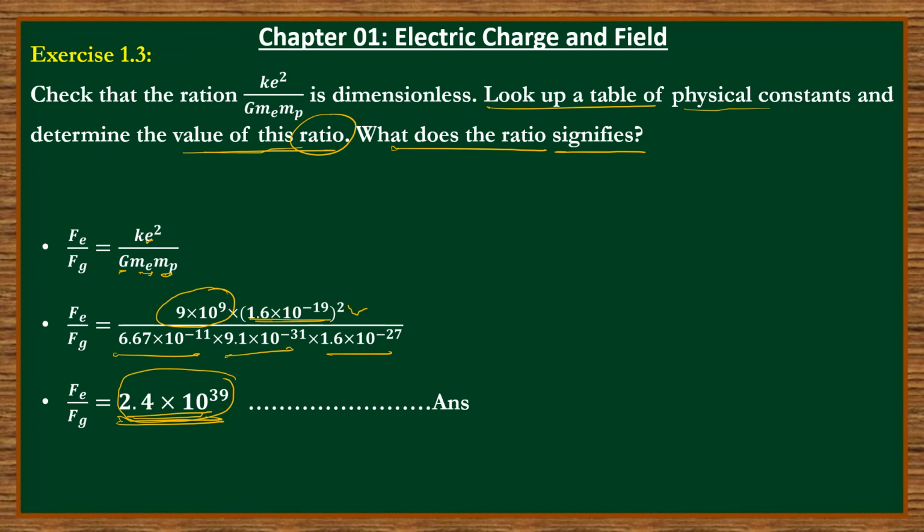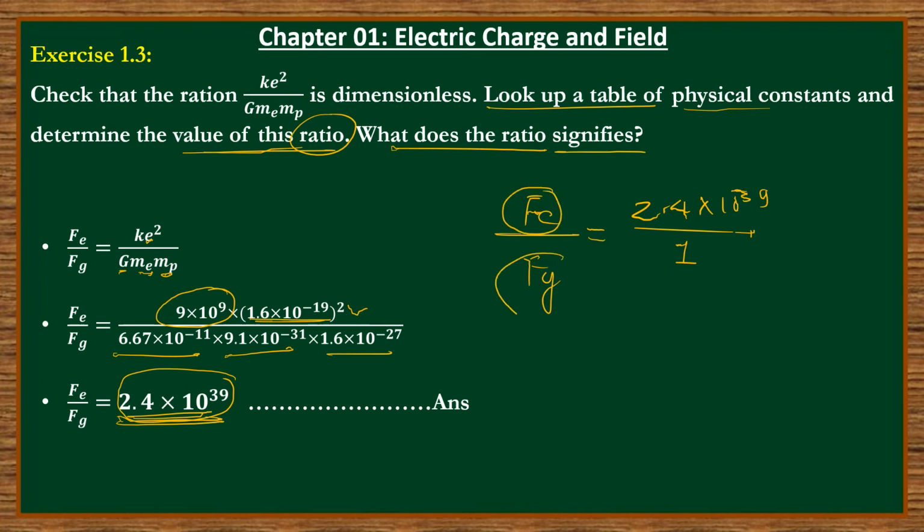This ratio, the electrostatic force Fe divided by the gravitational force, is equal to 2.4 into 10 raised to 39 divided by 1. This means the electrostatic force is much more.